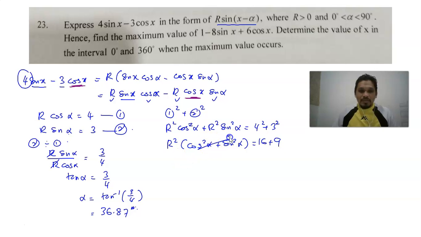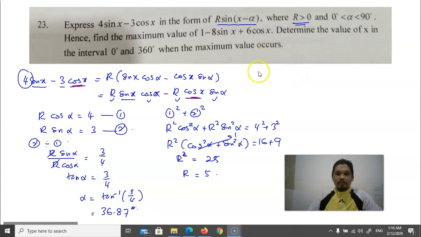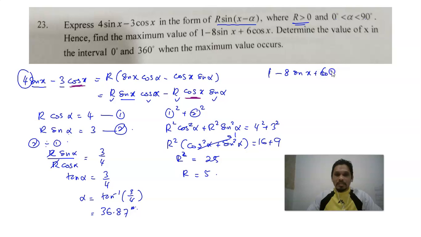Cos square plus sine square equal to 1, then r square equal to 25, then r equal to 5. Okay, where r is positive, so r equal to 5, and the value of alpha between 0 up to 90 degree is 36.87.